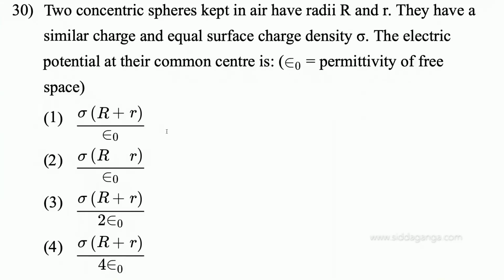Now question number 30. Two concentric spheres kept in air have radii r and R. They have similar charge and equal surface density sigma. The electric potential at their common center is.